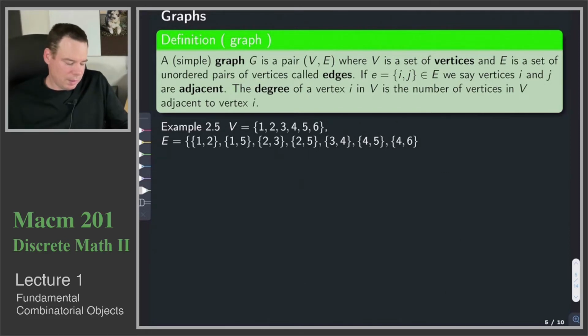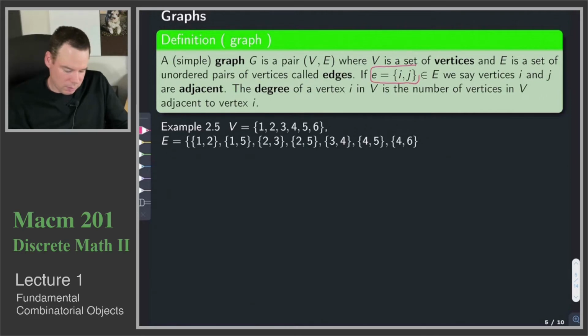So our definition is a simple graph is a pair V and E, where V is a set and E is a set. V is called the set of vertices, and E is a set of edges. The elements of E are just ordered pairs of vertices. So a typical element of our set capital E would look something like this.